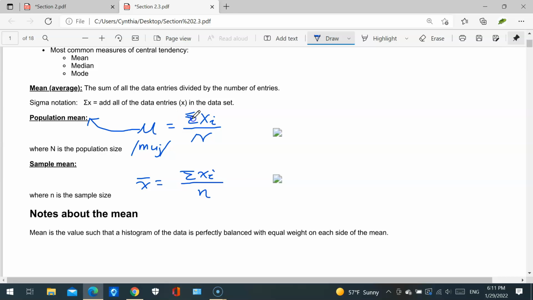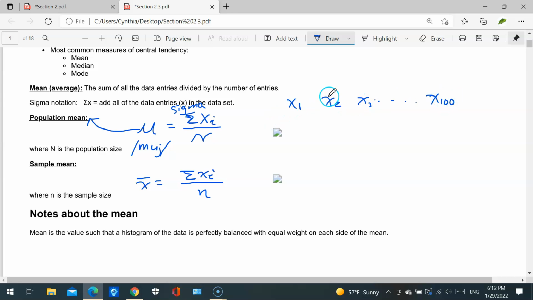So we sum, this is sigma, right? We call it sigma. Sigma x sub i. The i indicates the number. For the index, we start from 1: x1, x2, x3, and keep going to x100. When you have 100 data entries, this would be the first data, the second data, the third data, up to the 100th data.